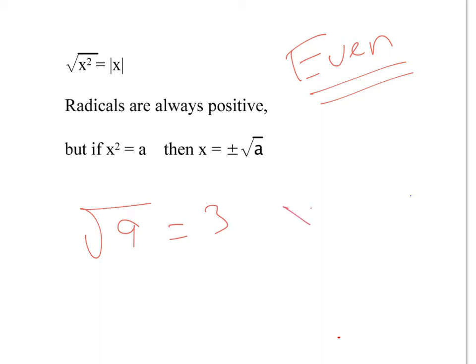However, if x squared is equal to 9, then x equals plus or minus 3. That's why, if we take the square root of 5, for example, we need to put the plus or minus in front, because without that sign, radical 5 is only the positive square root.